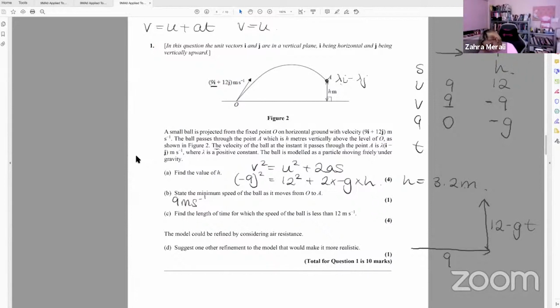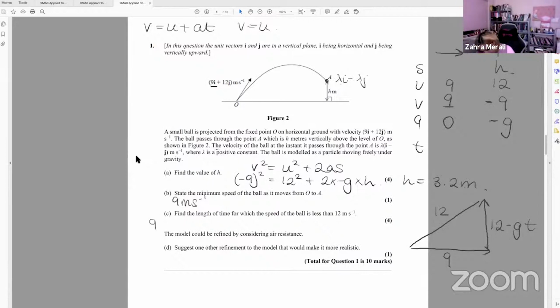And we're talking about the speed, which is Pythagoras of that. So the speed is 12. So what we need to do is find out the values of t. If we find out when it's 12, we can then work that out.